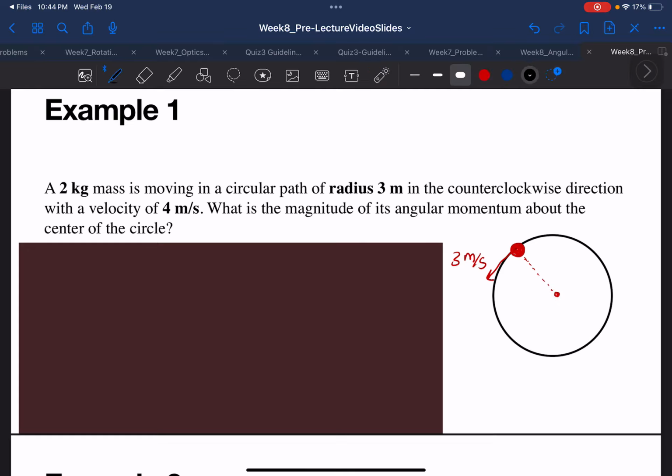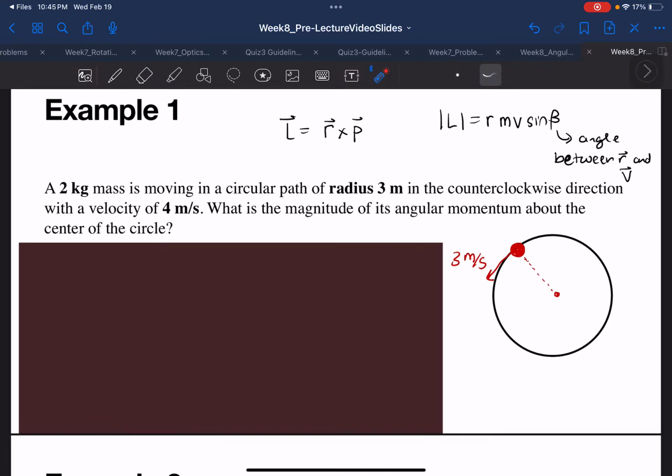Well, we're going to apply L for a point-like object is r cross p, whose magnitude is basically just r times m times v times sine beta, where beta is the angle between r and the velocity vector. r, as a reminder, points from the axis to the object.